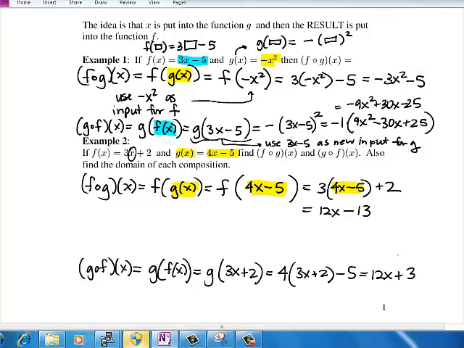Okay. And now let's think about the domain of f circle g. So when we think of the domain of f circle g, first we're going to think, well, x has to first be able to go into g. So x must be in the domain of g.